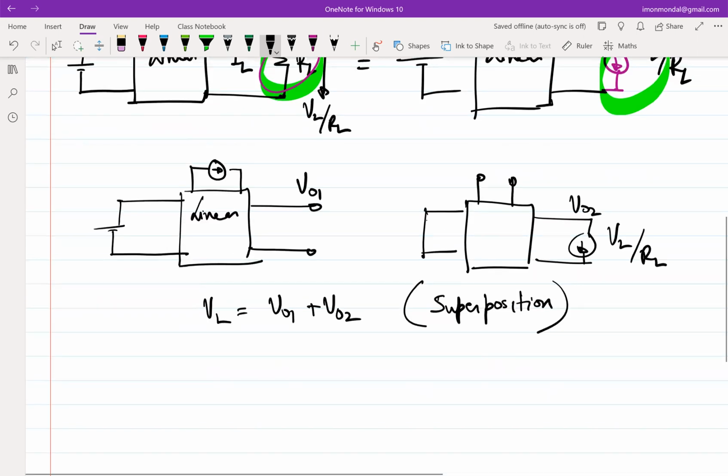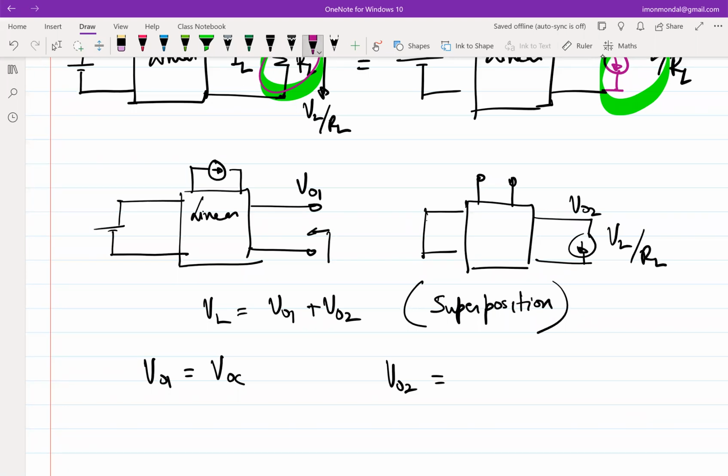Now this voltage VO1 by definition is the open circuit voltage, right? You have done an experiment where you have opened the load and you have figured out what is the output voltage. So VO1 is the open circuit voltage. What is VO2? If this impedance looking in is ROC, what will be VO2? Minus ROC, exactly.